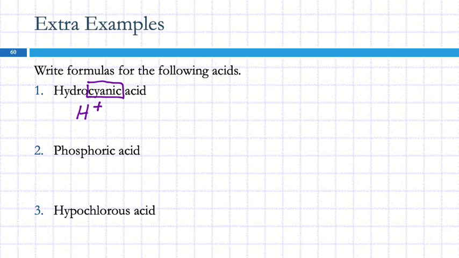It's a polyatomic ion, cyanide. And it is on that list. It's CN with a -1 charge. This is the main example that I don't like calling it binary acid, because this falls in that category, but hello, it's got 3 different elements. So this is HCN aqueous.